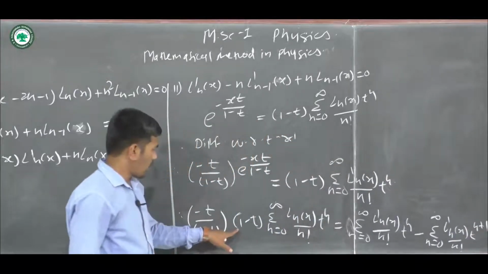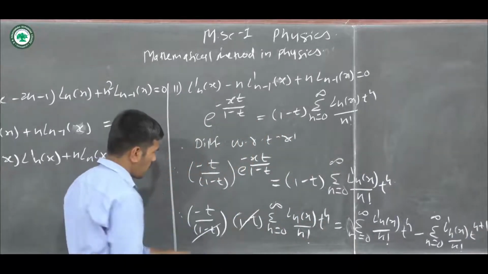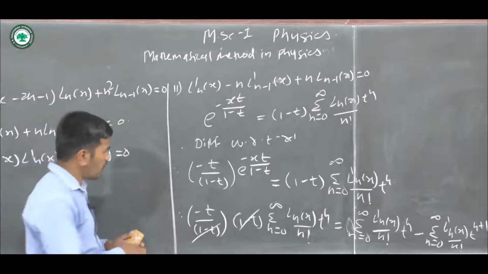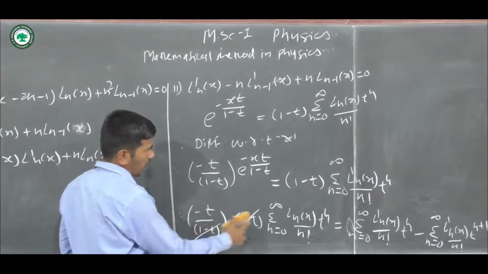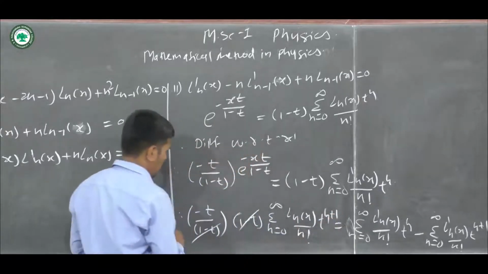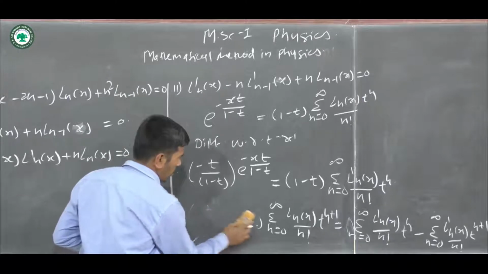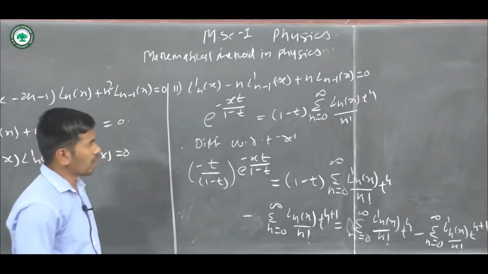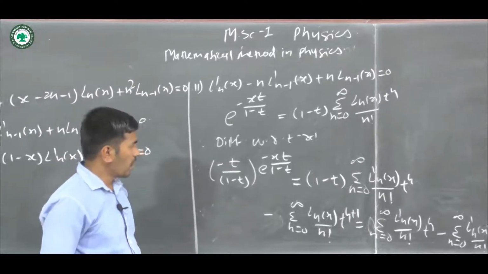Here the t and 1 minus t will be cancelled out, and this t power 1 and t power n we can write as t power n plus 1. Here we have the minus sign.